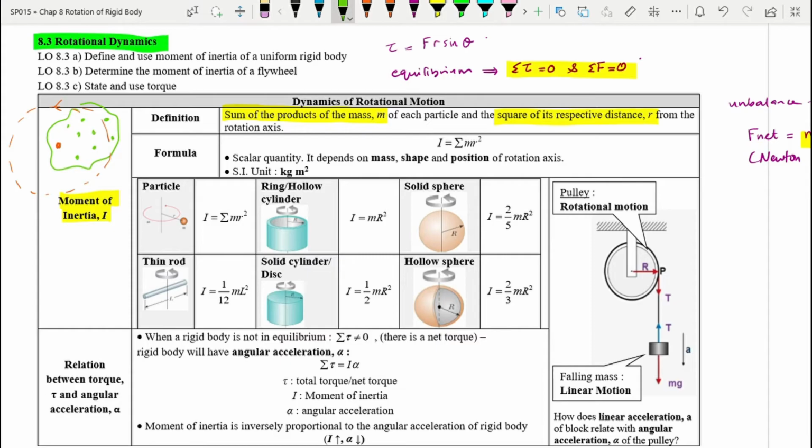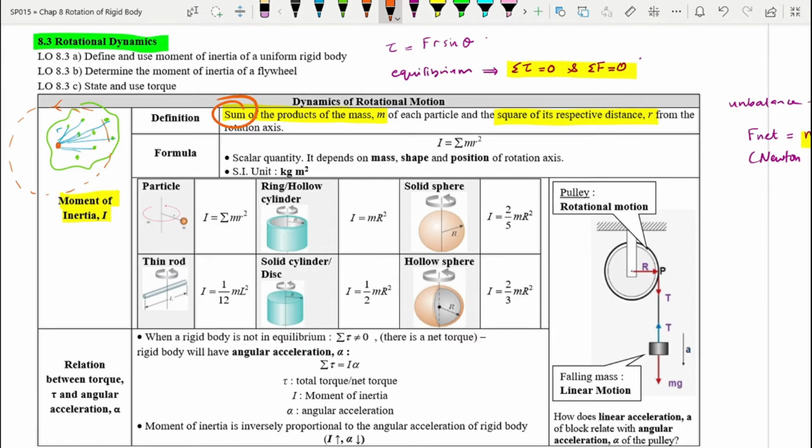So untuk kita cari moment of inertia, kita kena consider mass of each particle in the rigid body, and we have to times by the distance r between the particle and the axis of rotation. So kita kena consider semua r of the particle dan kita kena tambahkan. That's why the definition ada sum.